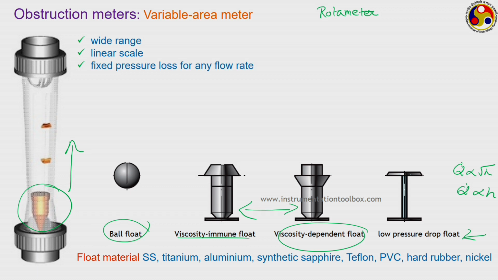There is a fixed pressure loss for any flow rate, as the pressure drop that the fluid suffers does not depend on the flow velocities. We can have them in easy sizes. Suppose we are using one rotameter for a particular situation. Now, you want to change the range of operation, then we can easily do this just by changing the float itself. They are very easy to install.